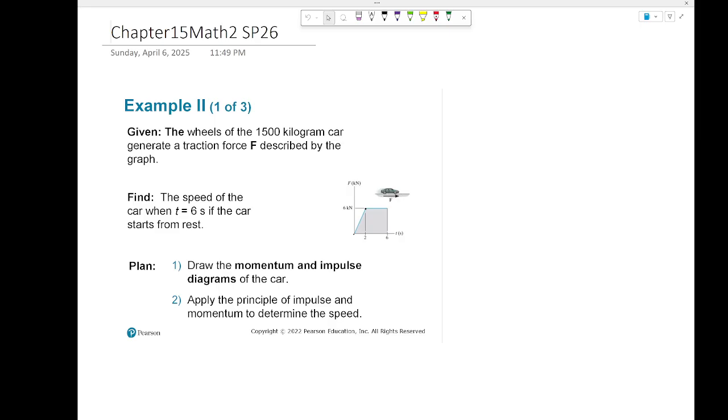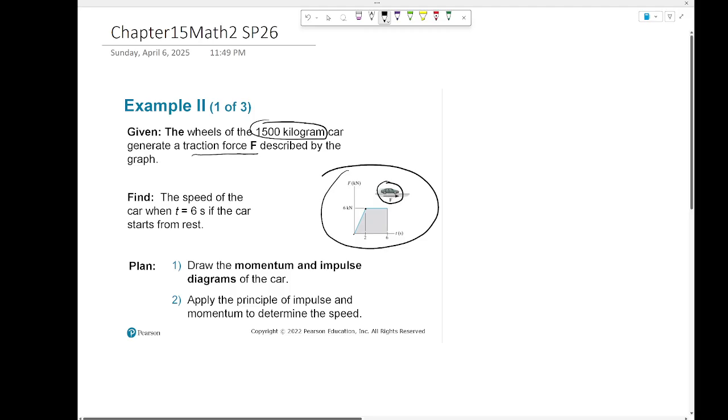All right. So what is the problem? The problem here, you're seeing a car, right? The car with a 1500 kilogram mass generated traction force F that is described by this. So traction force F is the force required for the car to move, right? And this traction force initially ramps up from 0 to 6 kilonewton, from 0 to 2 seconds, and then it is steady at 6 kilonewton until 6 seconds.